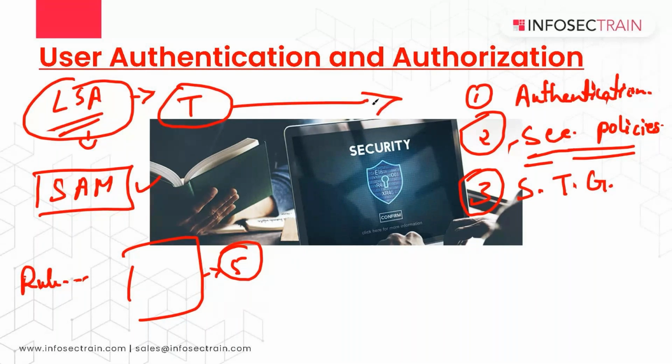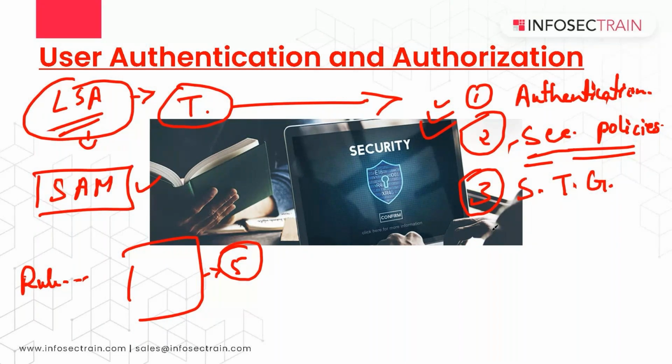This token contains information about the user's identity, what group he is associated with, and what sort of privileges he has. This token is used to represent the user's security context, and whether he is associated with any process or not. All those things it will be containing inside this token.